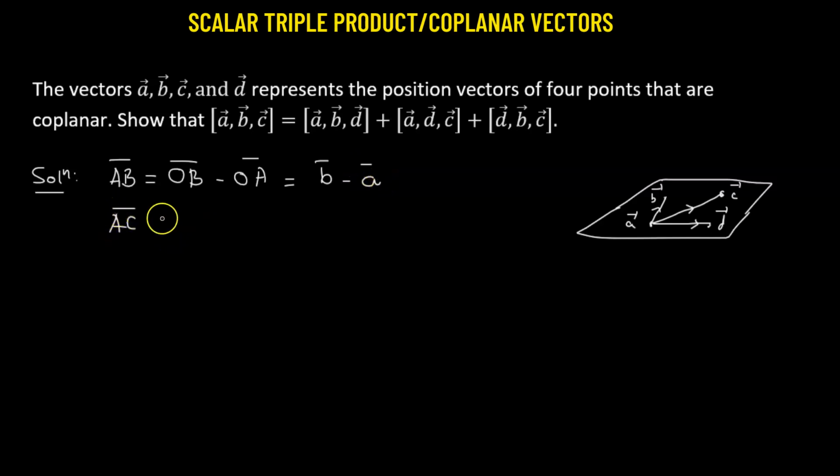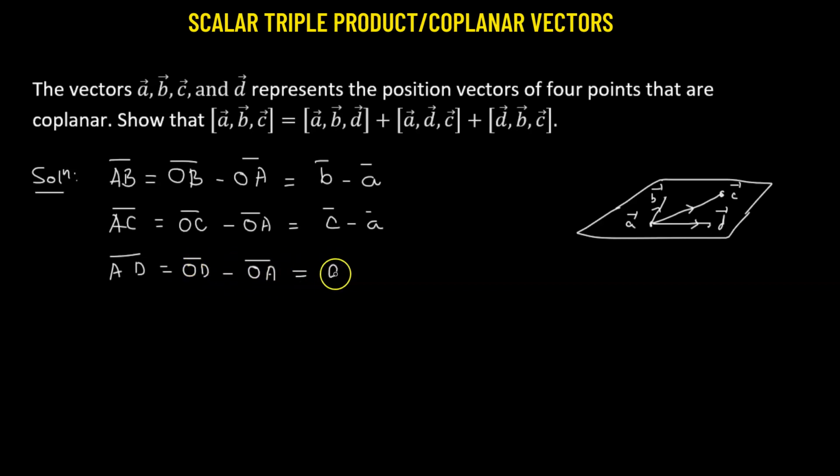AC vector will be OC minus OA, so we have C minus A. And AD vector will be OD vector minus OA vector, and this equals D vector minus A vector.